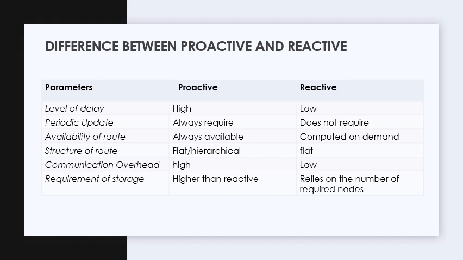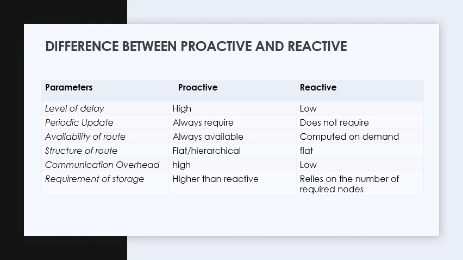Periodic update is always required in proactive protocol, while in reactive protocol, periodic update is not required. Availability of route: in proactive protocol, routes are always available, while in reactive protocol, they are computed on demand.